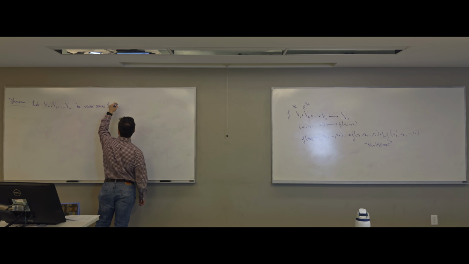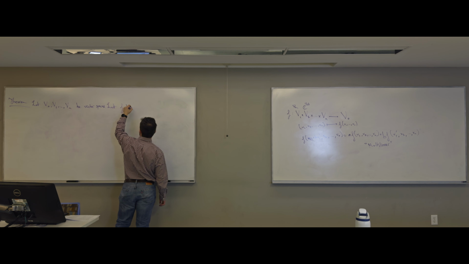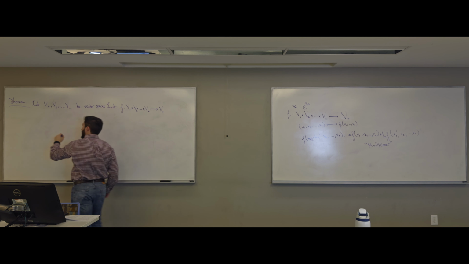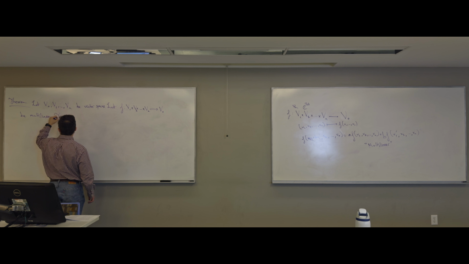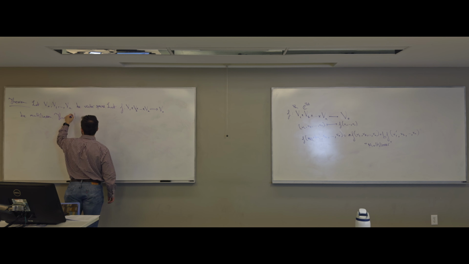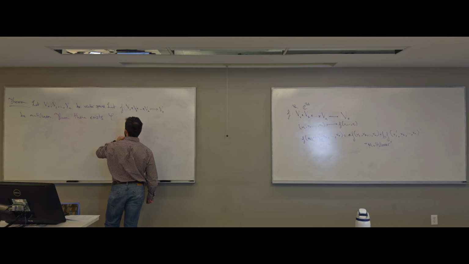Let f be a function mapping from V1 cross V2 cross all the way through Vn over to V naught, and it has to be multilinear. If it has this property, then there exists a function psi.